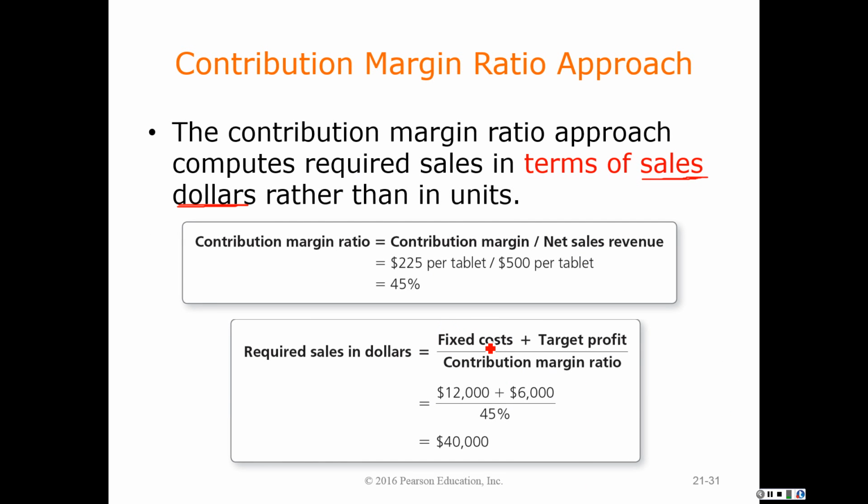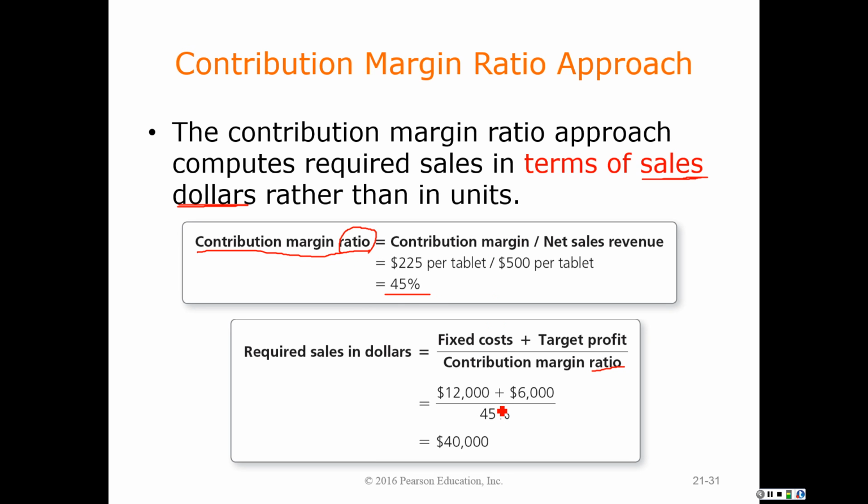I need to cover fixed costs plus my target profit. Instead of dividing by contribution margin per unit, I'm going to divide by contribution margin ratio. And what was that ratio? The top box tells us how we come up with the ratio, which is nothing more than contribution margin divided by sales. This is my contribution margin ratio.